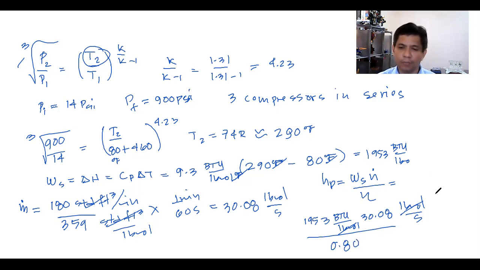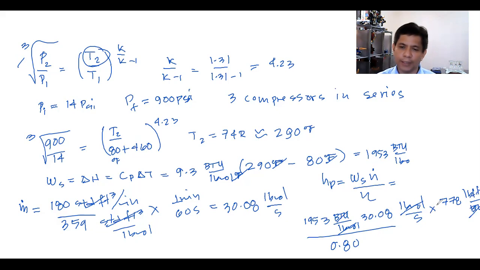So in order to convert this to horsepower, I'm going to convert this first to pound force foot per second. So there are 778 pound force foot per BTU. This will cancel out.